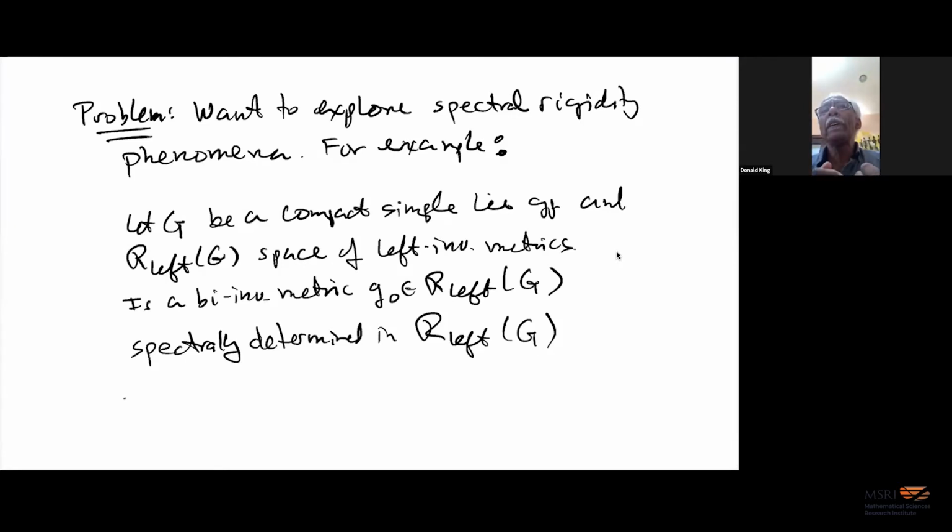And if you compare a bi-invariant metric to just a left invariant metric, you will see that it's distinguished by that fact. And one of the things we're trying to do is to see whether we can formulate a generalization of this result, which is due to Craig.